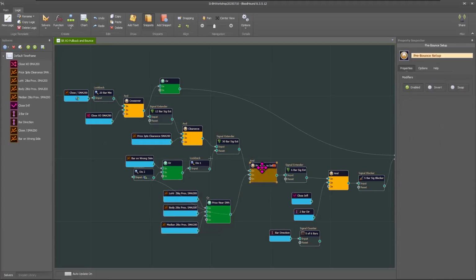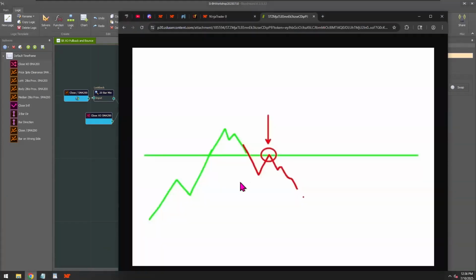This AND node is also identifying when price is near the support resistance level, but I didn't want two nodes to be named the same, so I gave them a different name. So this AND node here is the next condition, which is the circle: price pulling back close enough or near enough to the support resistance line.